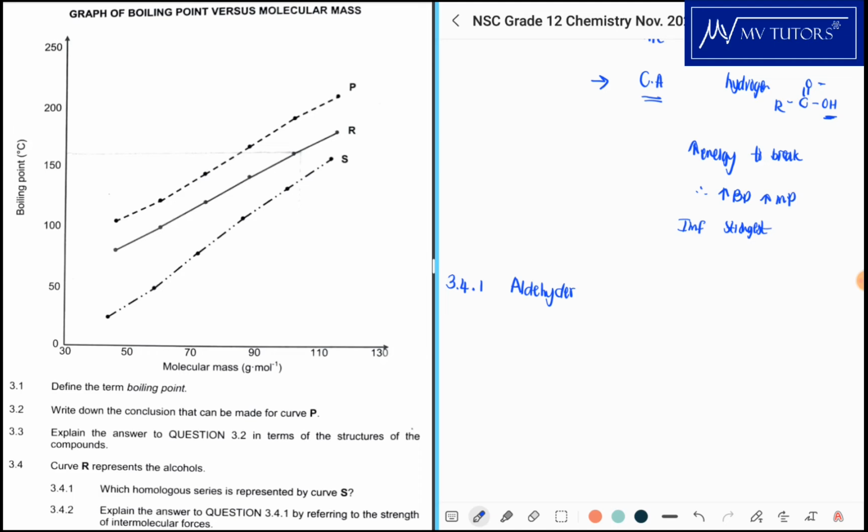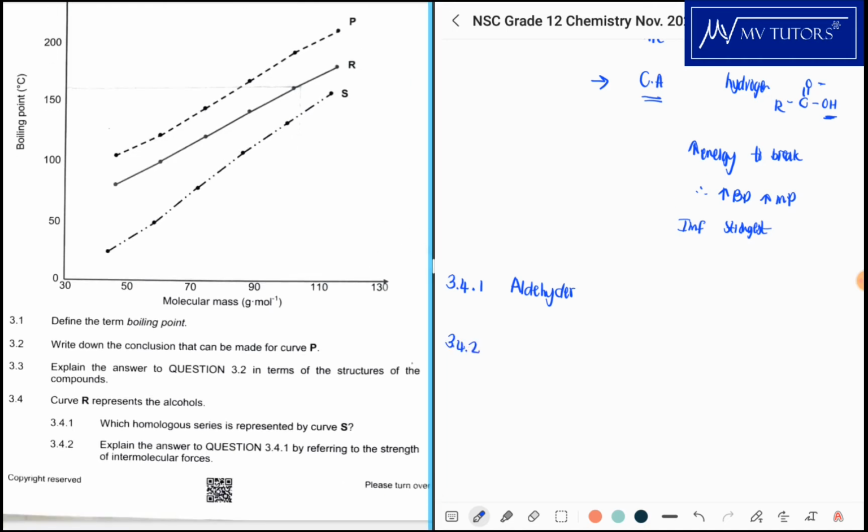Okay. And then 3.4.2. Explain the answer to question 3.4.1 by referring to the strength of intermolecular forces. All right, so if we know that R is alcohols and we know that P is the carboxylic acid, then S has to be the aldehydes, right? And why?